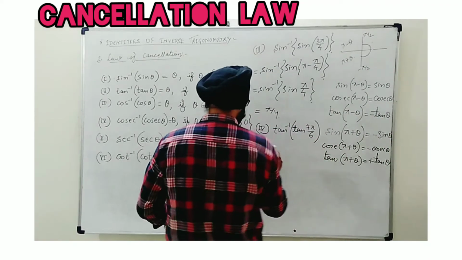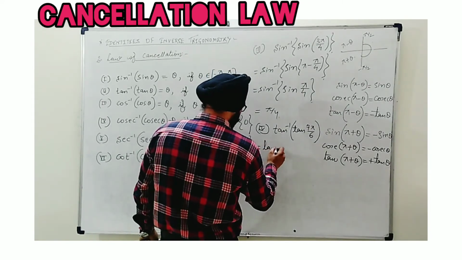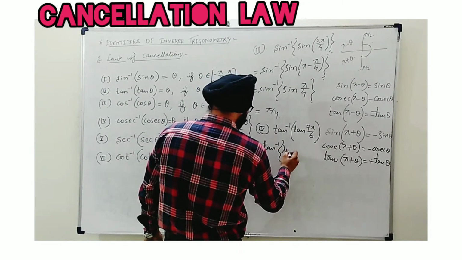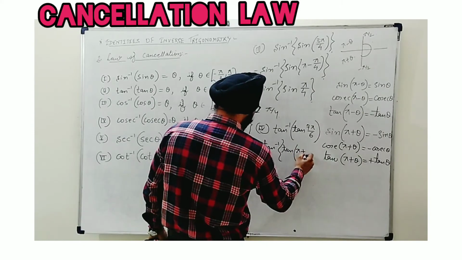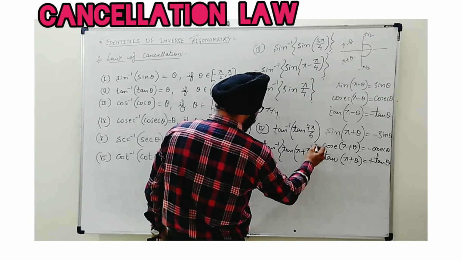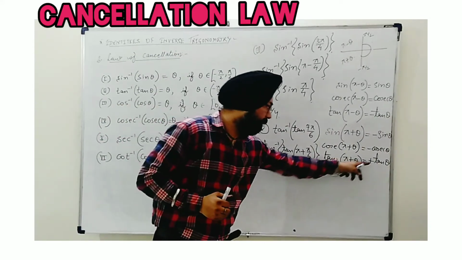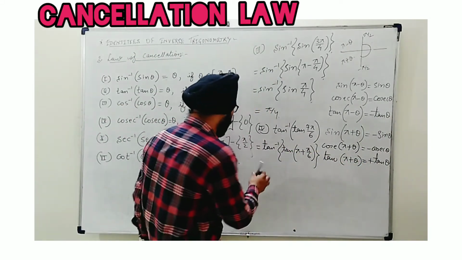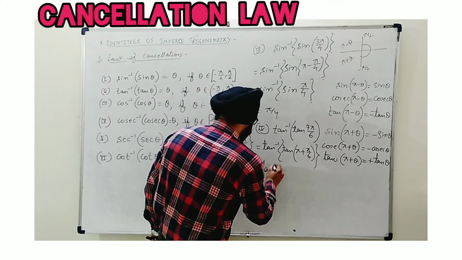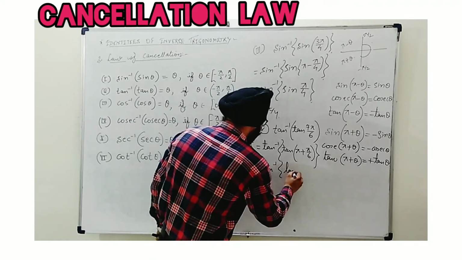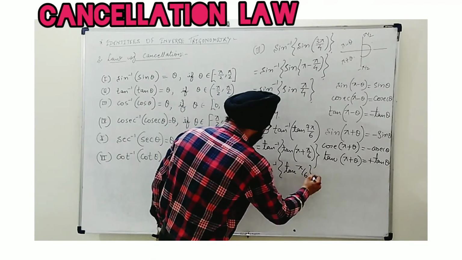So we will express this as tan inverse tan pi plus pi by 6. As soon as I write, here we will apply tan pi plus theta equal to tan theta. So this becomes tan theta, means tan pi by 6.